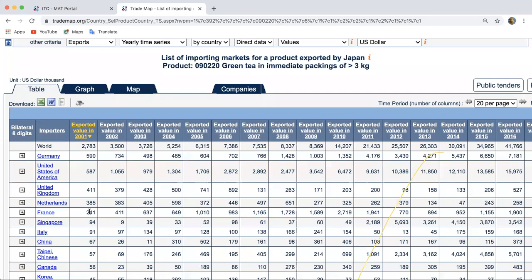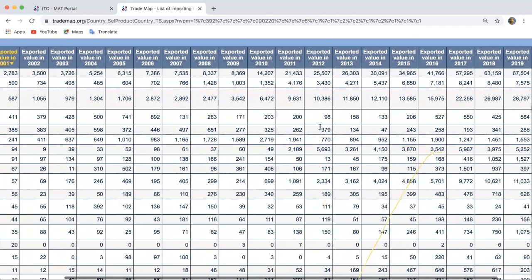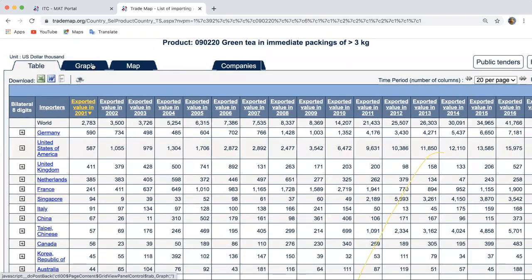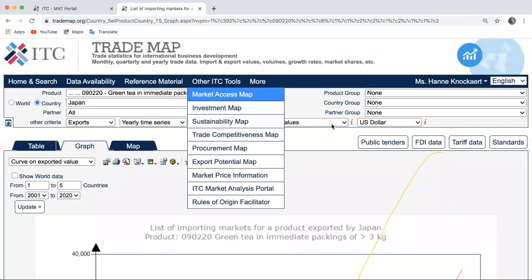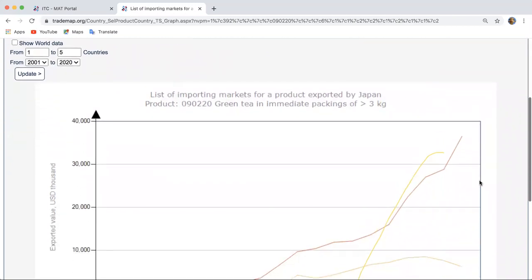This is also an important reason why you would need to know what happened over time with your product code, because sometimes there will just be no trade recorded before 2007, and then you know that this product code just didn't exist before that. But yeah, that's what you can do with this table. I do like to look into graphs for a time series because it visually tells you what happened.